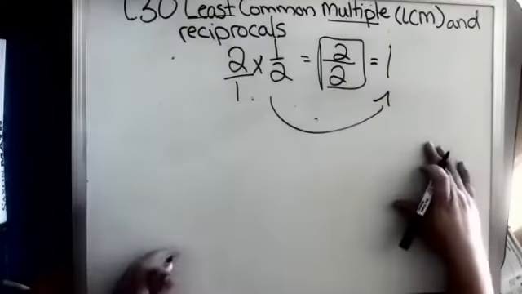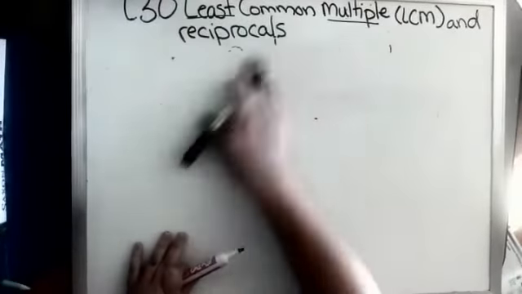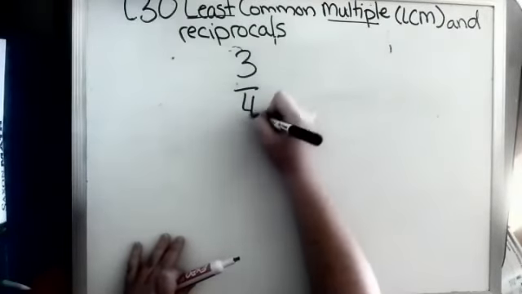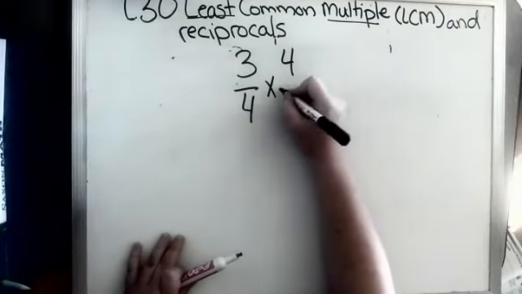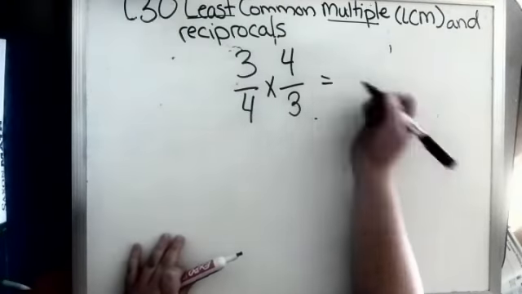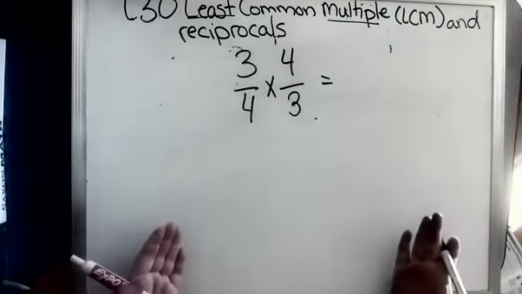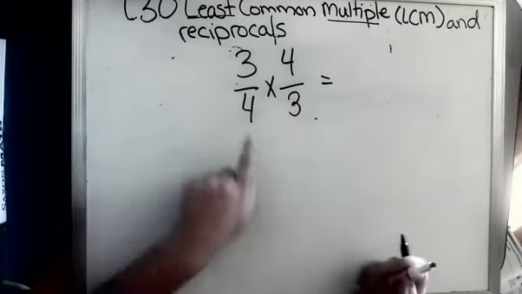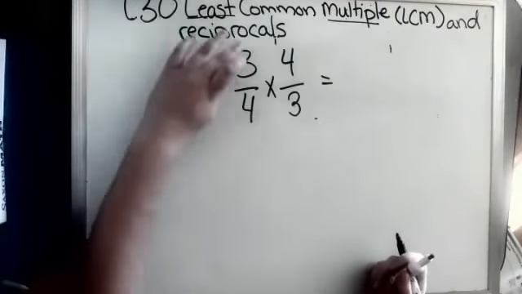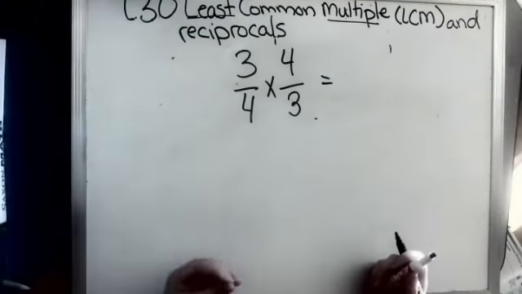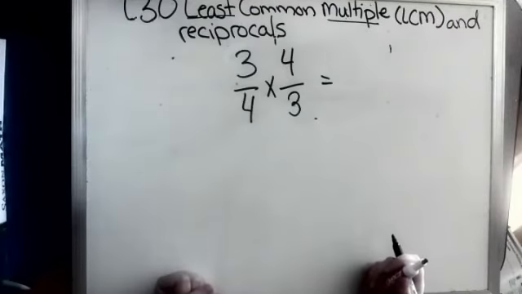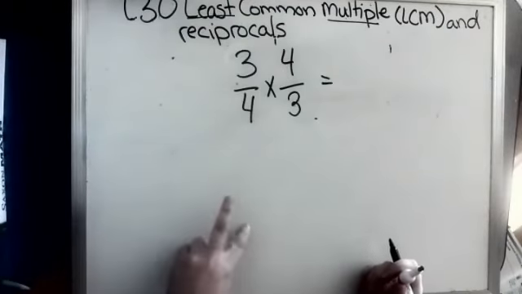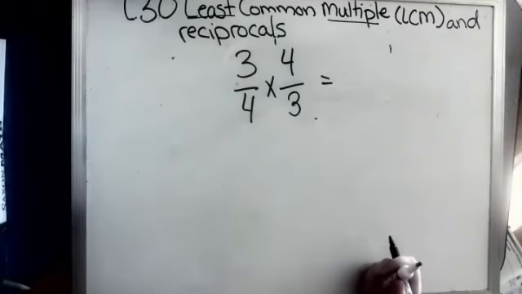Let's look at another one. 3/4 times 4/3. If you notice, all of these digits are the same. I'm multiplying 4 and 3 and 3 and 4, which means I know from my multiplication earlier that you can switch factors around as long as they're still the same numbers and you're still just using multiplication.